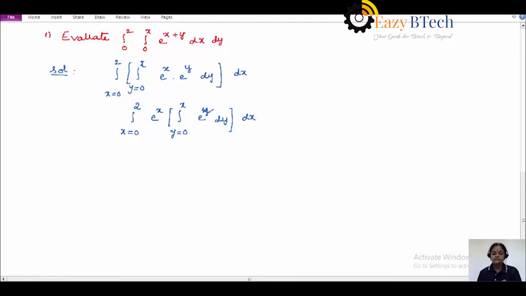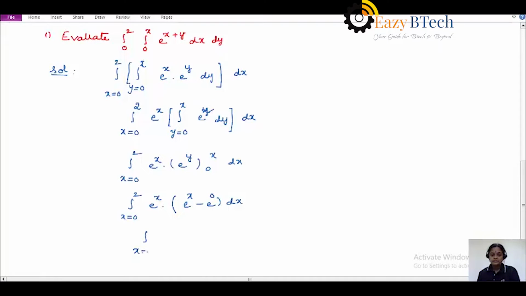So e power y integration is e power y only, x is equal to 0 to 2, e power x and e power y from 0 to x dx, because the limits are 0 to x only. So integral x is equal to 0 to 2 e power x, then e power y integration is e power y only. Now substituting upper limit minus lower limit: e power x minus e power 0 and then dx.